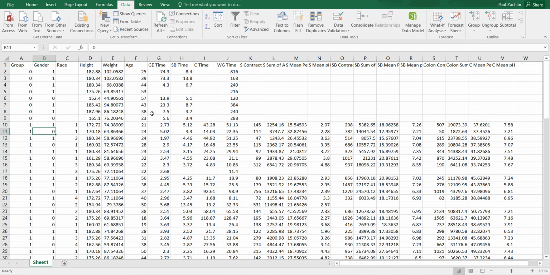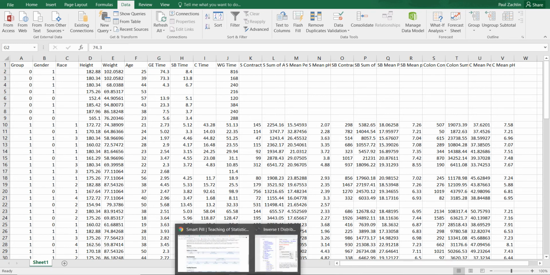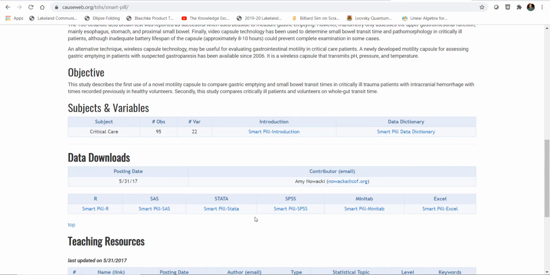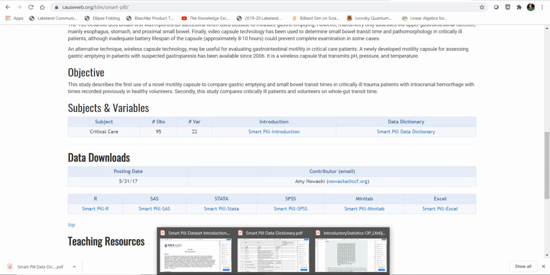They took their height, their weight, their age. And then what they did is they started measuring how long it takes for certain things. So this GE time, and all these terms are defined. Let me go ahead and get those definitions because I thought this was really cool. Smart Pill Data Dictionary. Yeah, this PDF has it all.